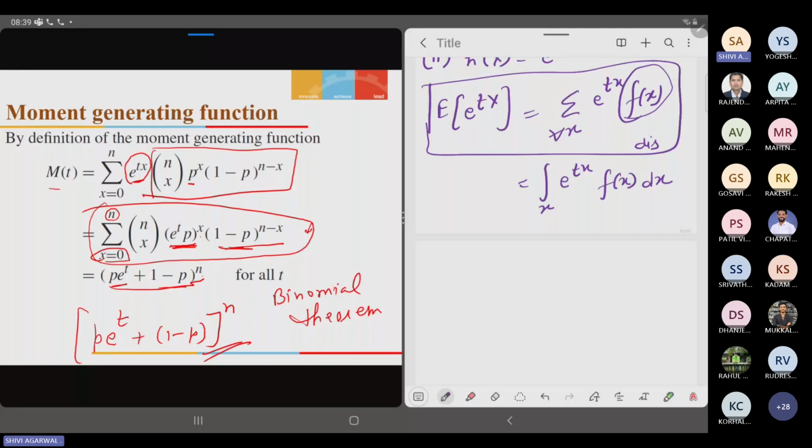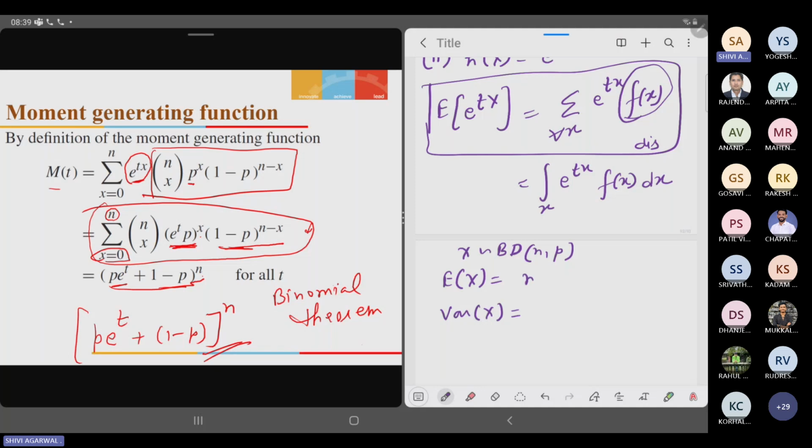Can anyone tell me the expected value of X in the binomial distribution? If X follows the binomial distribution with parameters n and p, what is the expected value of X and what is the variance of X? You can recall, because in the next class, next week, you have the examination. Correct, Mr. Venkata.